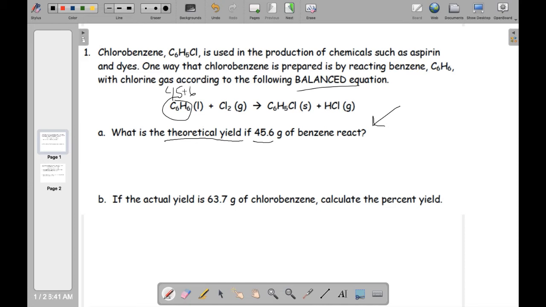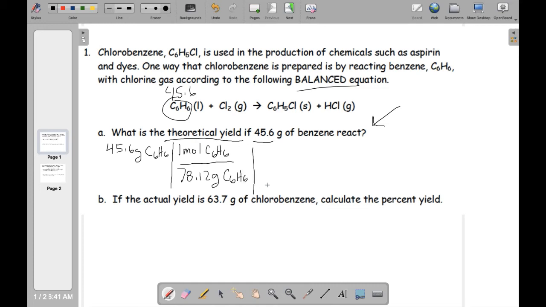Start with your given. We're given 45.6 grams in the upper left-hand corner. 45.6 grams of benzene, C6H6. Let's convert this to moles. 1 mole of benzene, C6H6, equals about 78.12 grams of benzene.